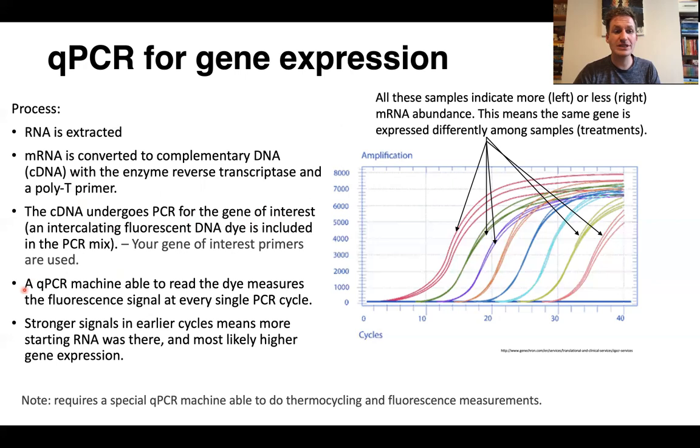Then you would run those in a special qPCR machine, where you'd run that PCR reaction with a fluorescence marker. So that could be a dye that intercalates into the DNA, or a fluorescent primer.